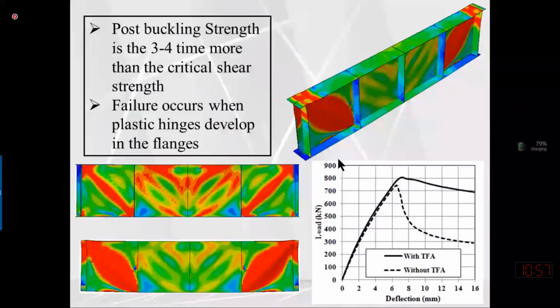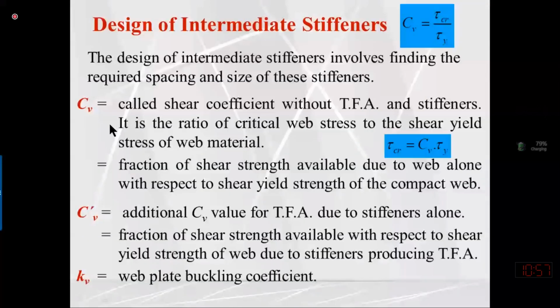C_v is called the shear coefficient without tension field action and stiffeners. The C_v value is the shear strength parameter, the shear strength provided by the web alone. It is the ratio of the critical web stress to the shear yield stress of the web material.